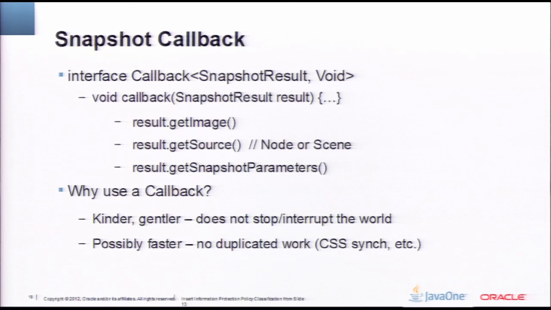So why would you use the callback version, given that you have to construct a callback and it's a little bit more of a pain? The answer is two reasons. One is when you do it in immediate mode, we aren't in the right thread or at the right stage of processing to immediately render anything. So we have to basically do a handoff to the other thread.